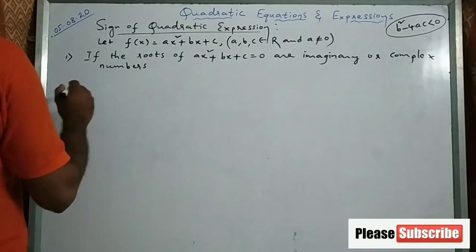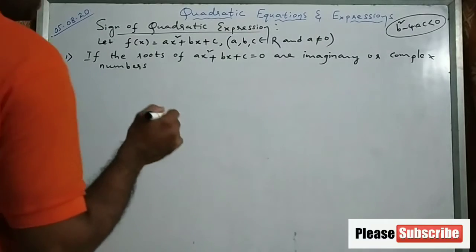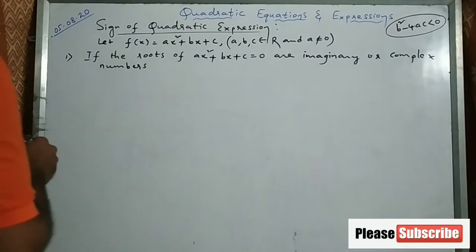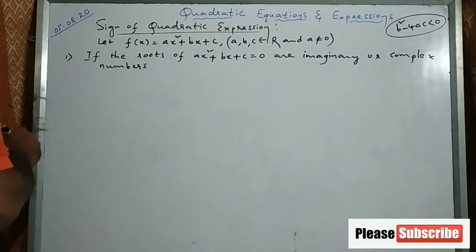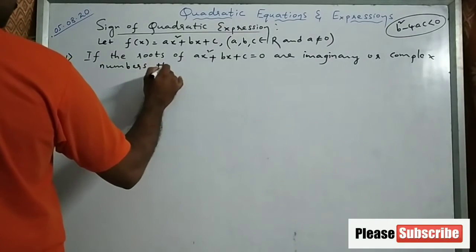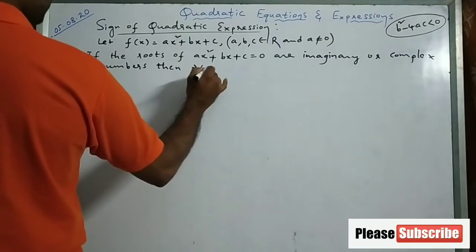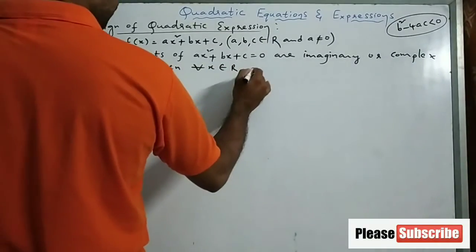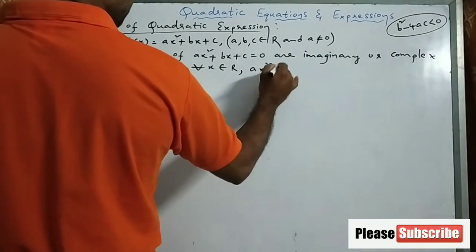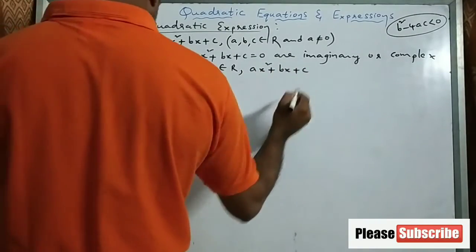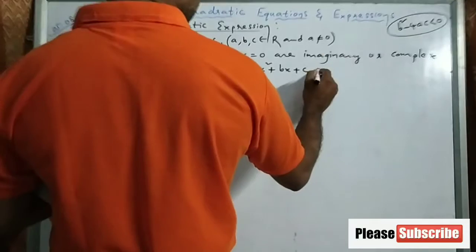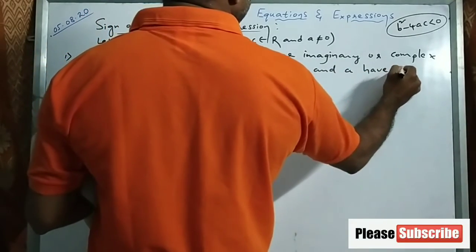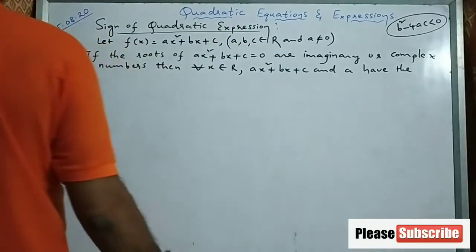If the roots of ax square plus bx plus c equal to 0 are imaginary or complex numbers, then for all x belongs to R, ax square plus bx plus c and a have the same sign.